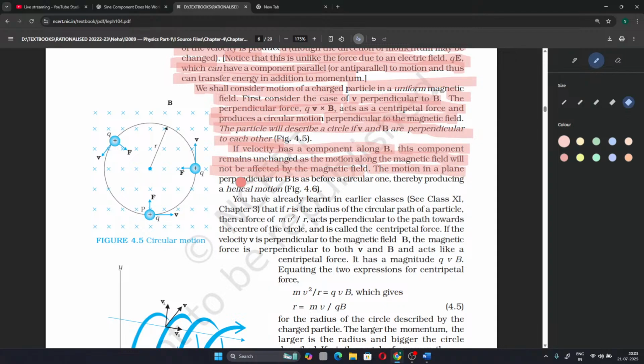The motion in a plane perpendicular to B is therefore a circular one, thereby producing a helical motion. That is the first case, where theta is 90 degrees.